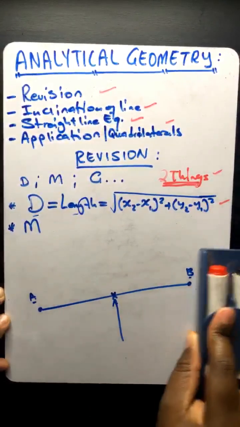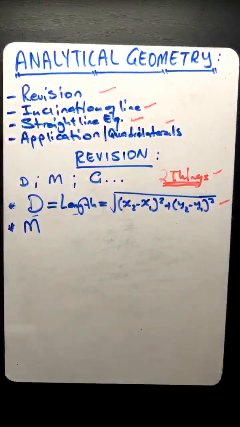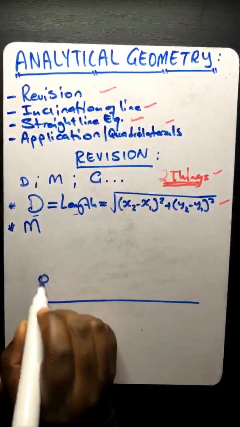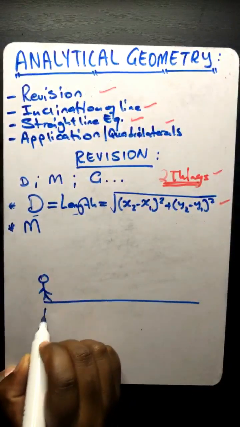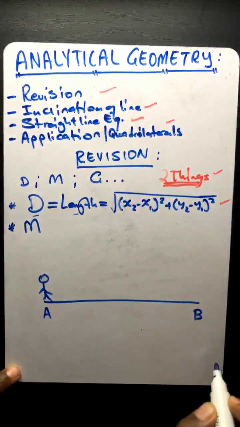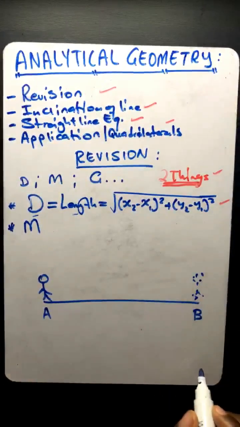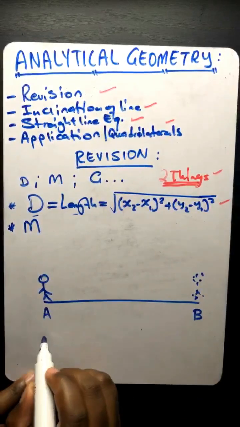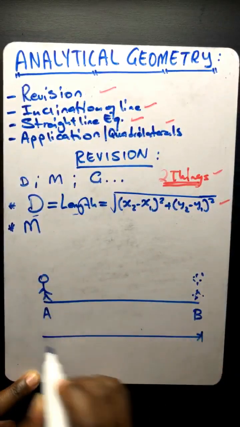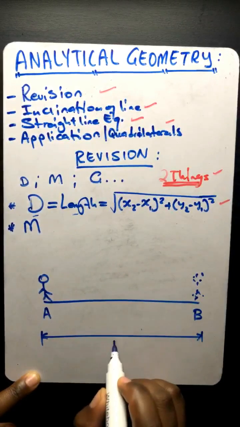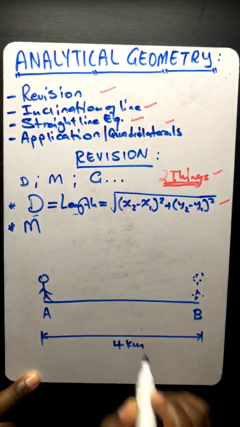And we do have a formula to calculate the midpoint. Let's say, for example, you are walking from point A to point B. I just want to be practical. Let's say the total distance that you need to walk is 4 kilometers.